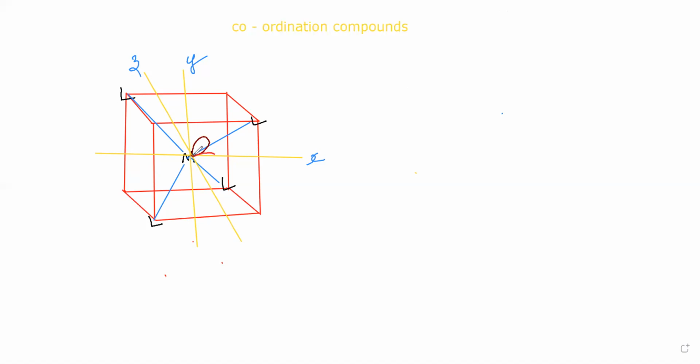Dx square minus y square orbital means that lobes are along the x-axis and along the y-axis, four lobes along the x-axis and y-axis. Dxy in the sense that four lobes are in between the x-axis and y-axis.